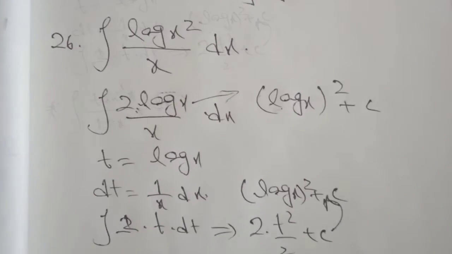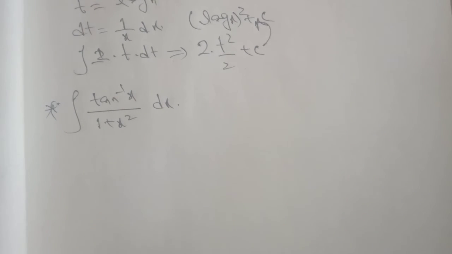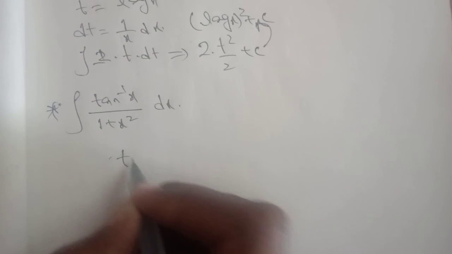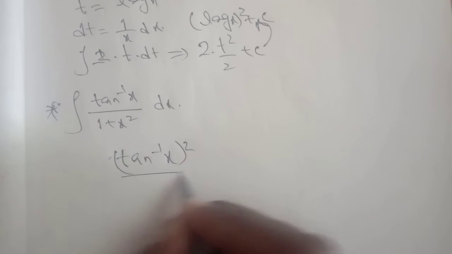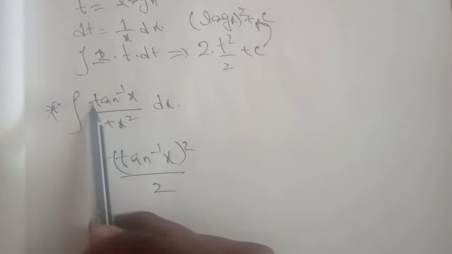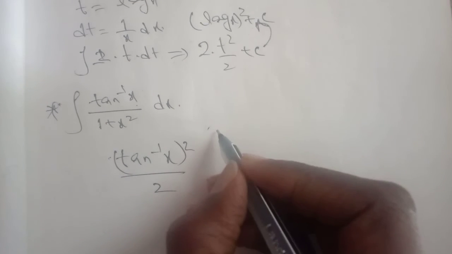So we can simply write directly, (log x) whole square plus c. So in this problem we can directly write the answer as (tan inverse x) whole square by 2. How does the direct answer come?